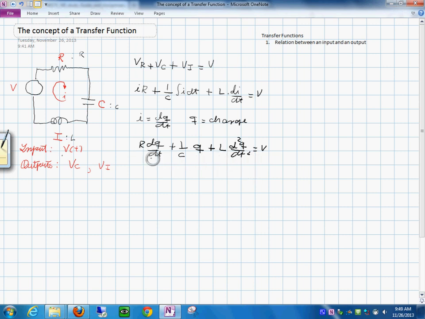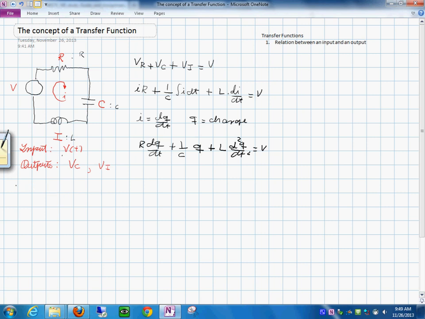And now we have the equations of the circuit in normal form and with differential equation in there, and where the variable q, the charge, is the main variable here, the unknown. So I think that what we need to do is to establish a relationship between the voltage C and the input.